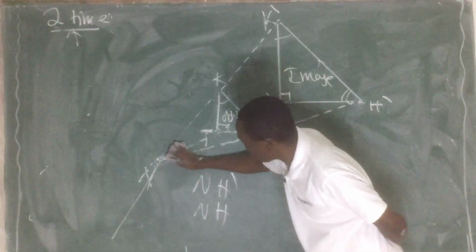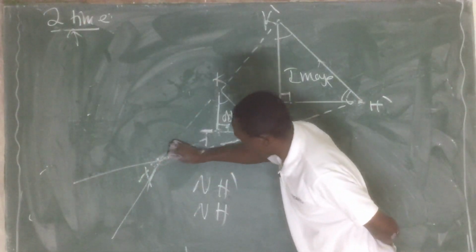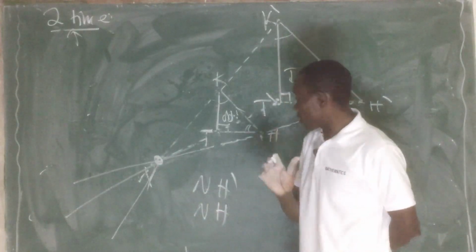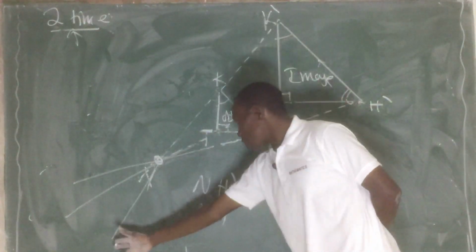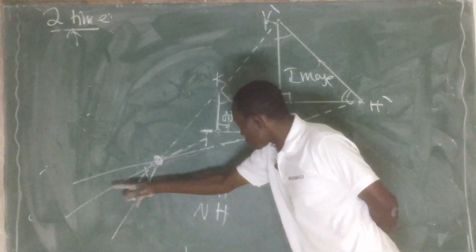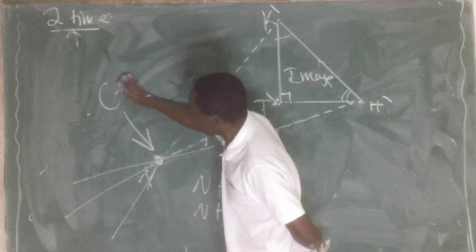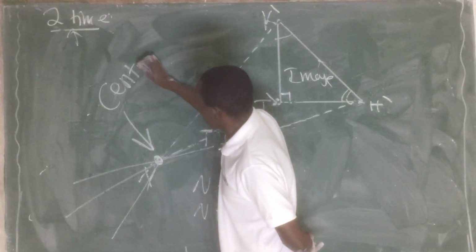If you produce them, they're going to intersect here. You extend this line, it goes like that. This one is going to pass through that. So this is your center of enlargement.